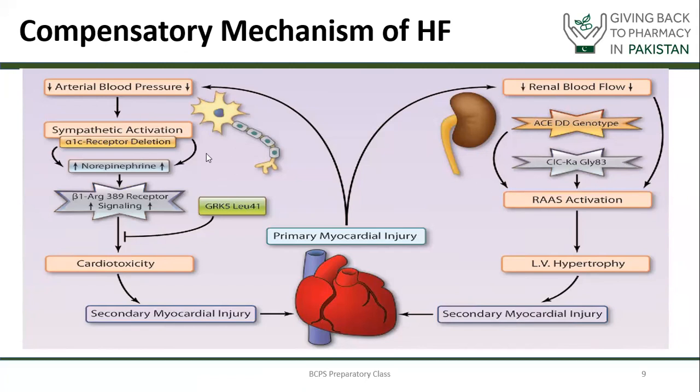To stop this RAS, we usually use ACE inhibitors, ARBs, like this. On the other side, the other one is operated by the brain, the CNS, through norepinephrine, and it works on the heart also. So both of these compensatory mechanisms we have to stop, so that we can relieve the burden from the heart.